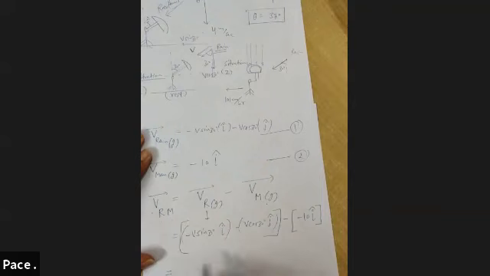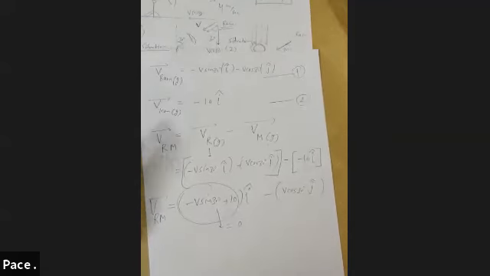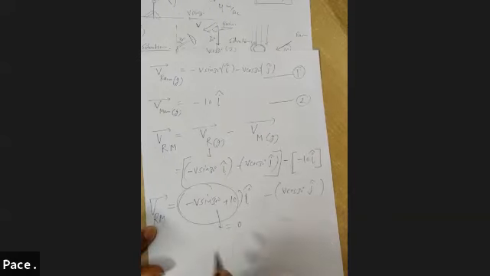So first of all, club the i cap terms: minus V sin 30 degree plus 10, total is i cap, and minus V cos 30 degree j cap. This velocity of rain with respect to man should have only a vertical component, so the i cap component should be equated to 0.